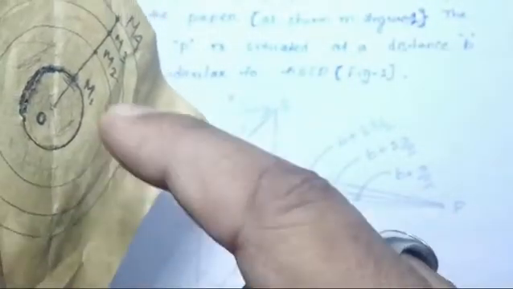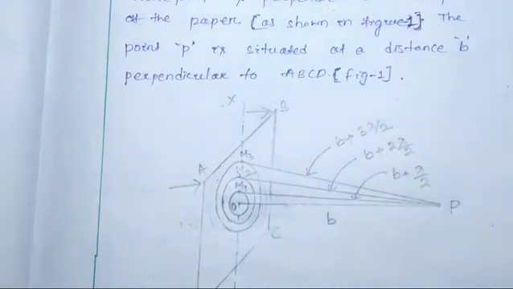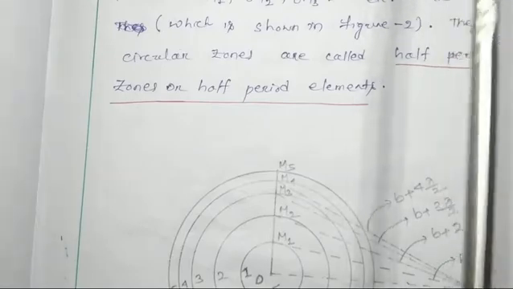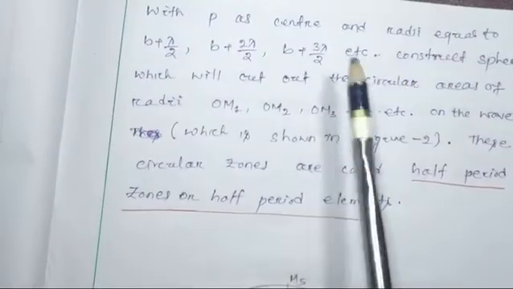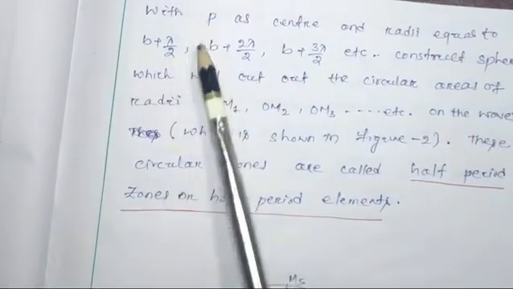Another sphere of different radius cuts the wavefront, and we get another annulus with radius OM1, OM2, like that. The first sphere that cuts the wavefront has radius B plus lambda by 2.